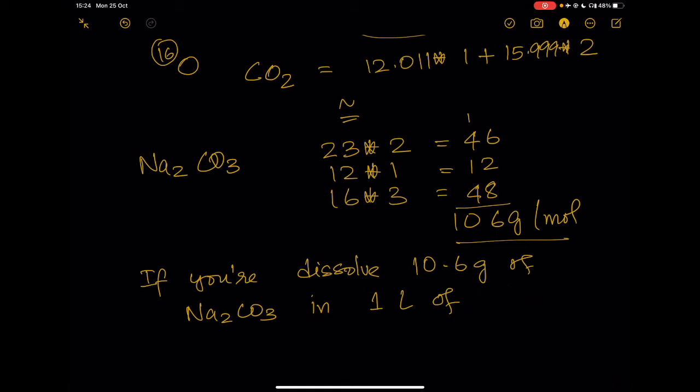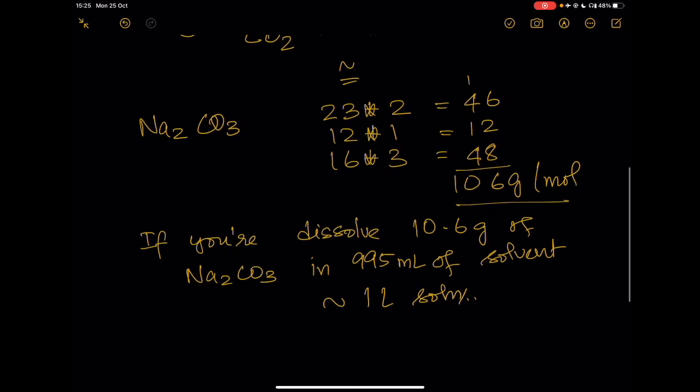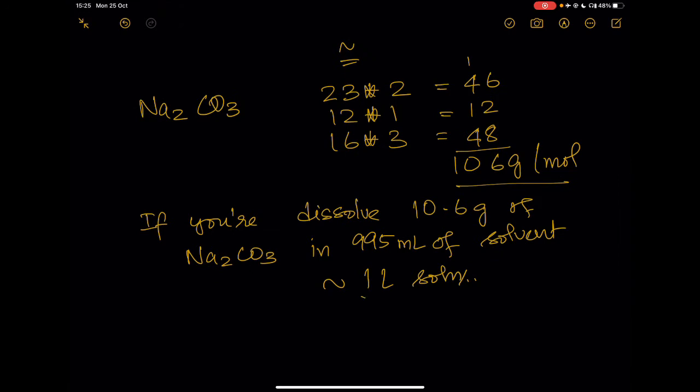In theory, it should be the appropriate amount of solvent such that the volume of the solution goes to 1 liter. So this could be something like, I'm just giving a random number here, 995 ml, assuming that when you add 10.6 gram of the solute to 995 ml of the solvent, you get 1 liter of solution.